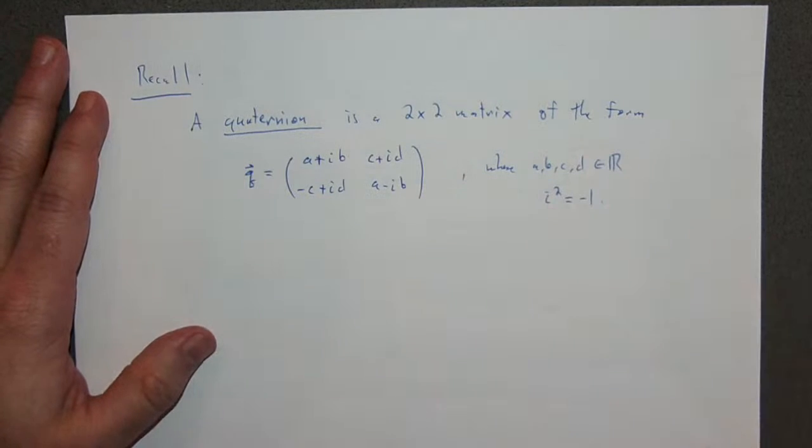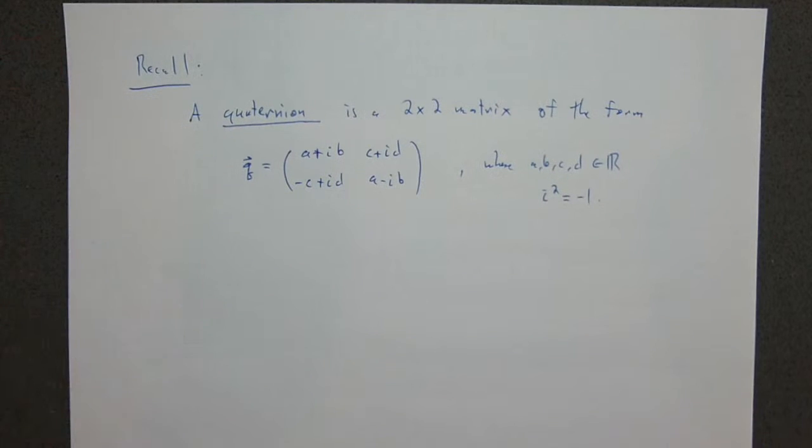Now, this was the matrix form of this, and there's an exercise a couple chapters ago that has you showing that this has all the same properties of the quaternions defined in another way.